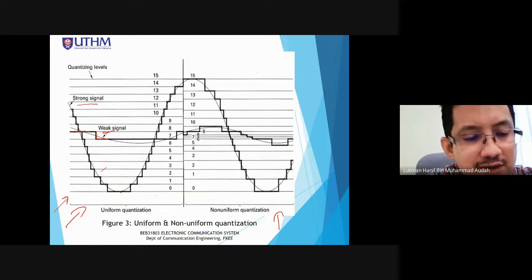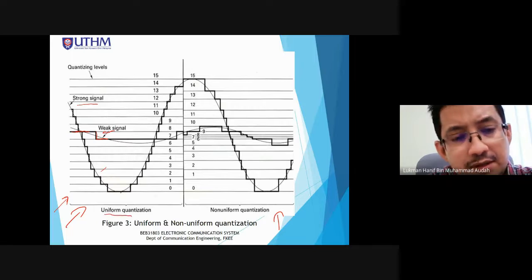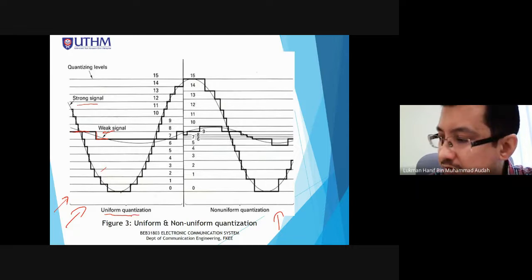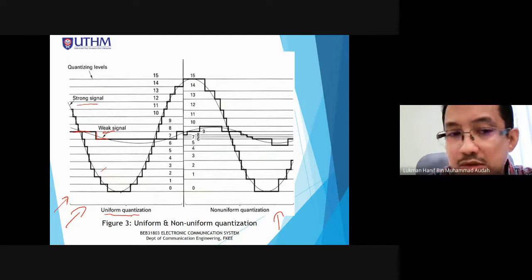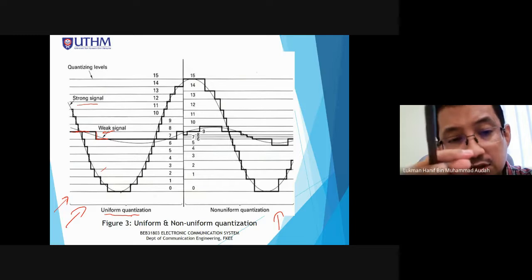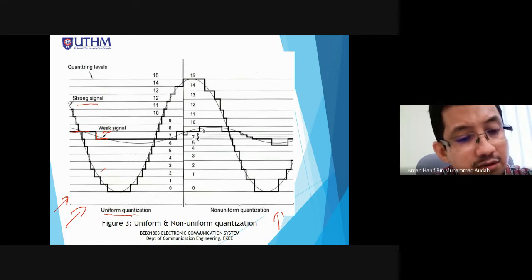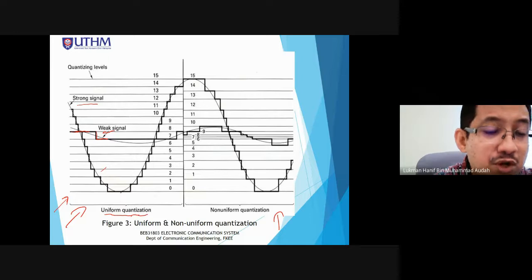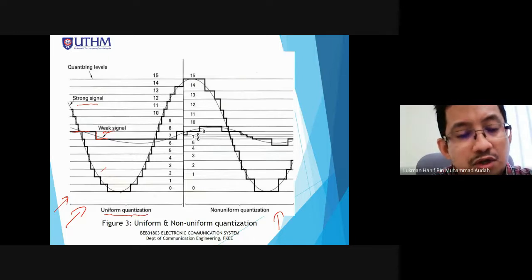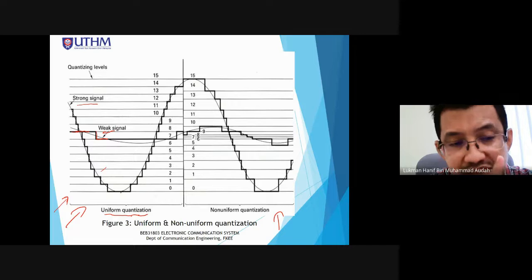Kalau you lihat uniform quantization ini, it's not good for the weak signal, because we assign less quantization level for the weak signal and many quantization level for the strong signal. So what happened is that uniform quantization will produce larger quantization error, especially for the weak signal.